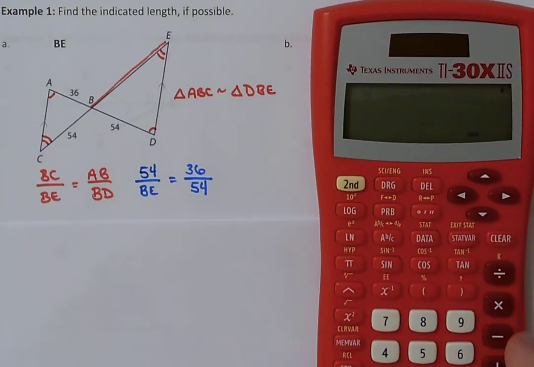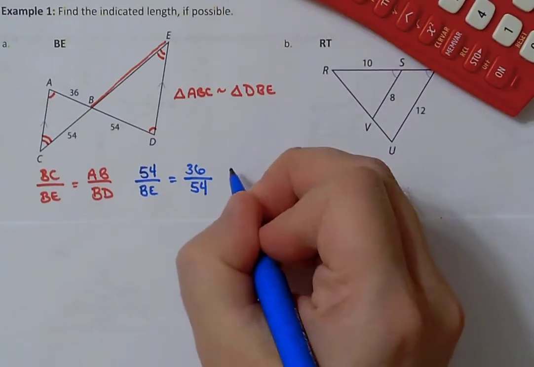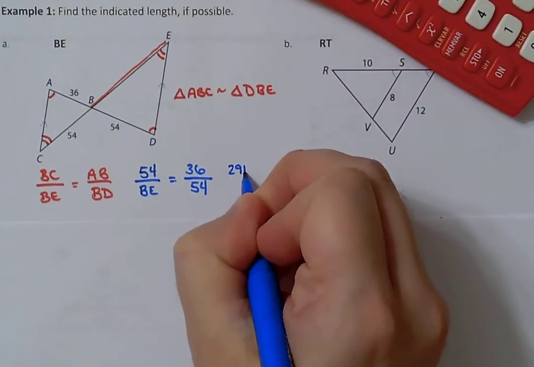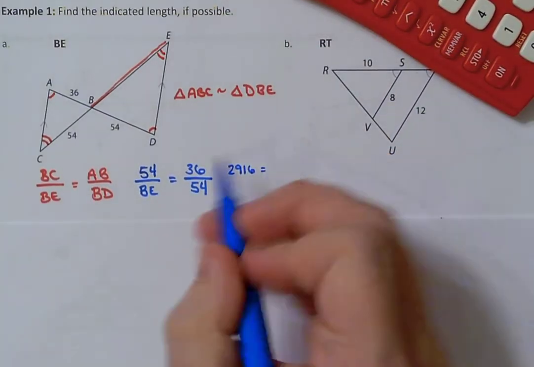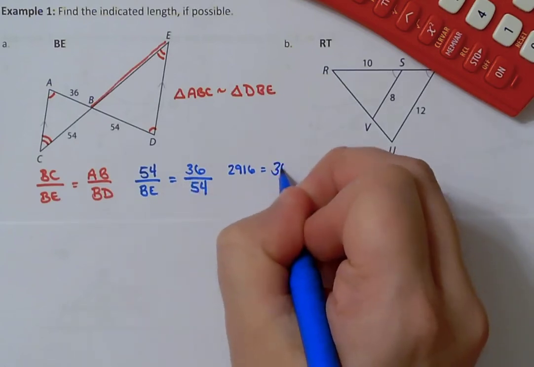First step is we're going to do 54 times 54, which gives us 2,916. That's equal to 36 times BE.